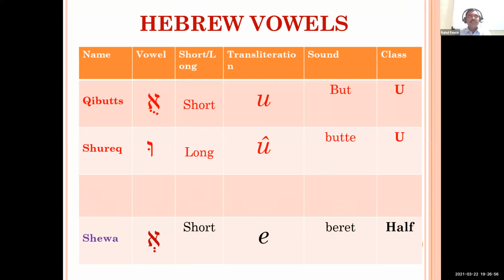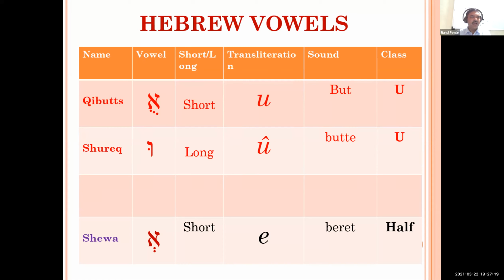Then we have learned Kibbutz. Everybody say after me, Kibbutz. Kibbutz, 3 dots diagonally. If we give it, then it gives a short vowel. Kibbutz gives U sound. Then Shurek.